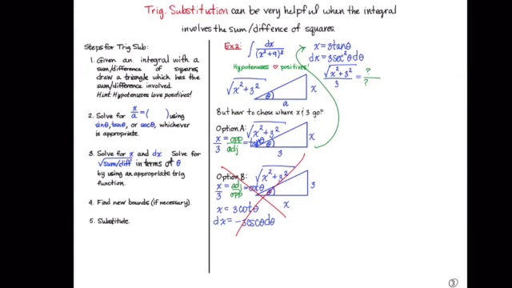So we have, let's see, the square root is on the hypotenuse. And the 3 is on the adjacent. And so what trig relationship gives us back hypotenuse over adjacent? Secant theta.